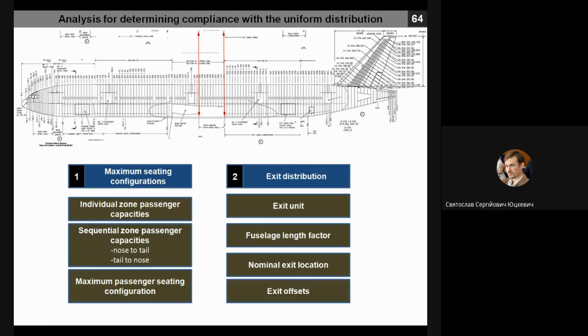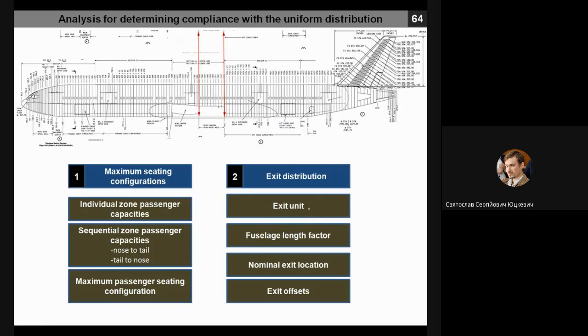Next, a consideration for the analysis: maximum seat configuration. We need to determine the passenger capacity for the individual zone, and also you will determine the secondary zone passenger capacity from nose to tail and from tail to nose, and the maximum passenger seat configuration.